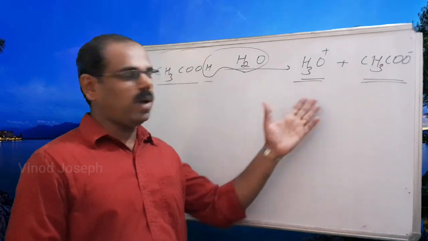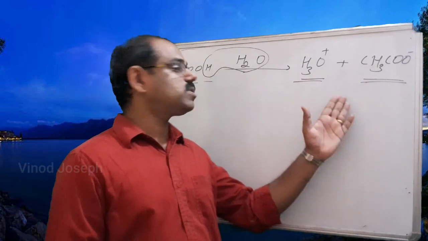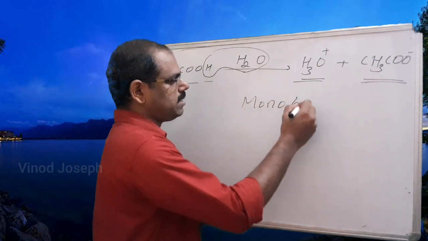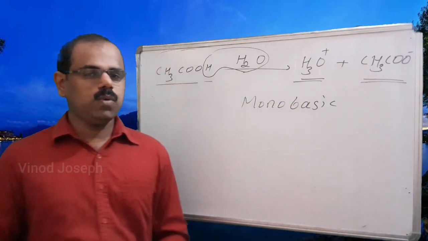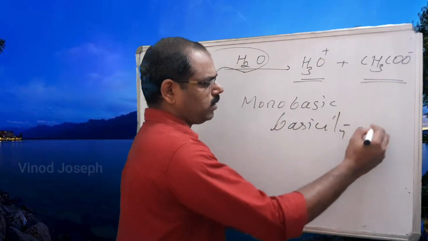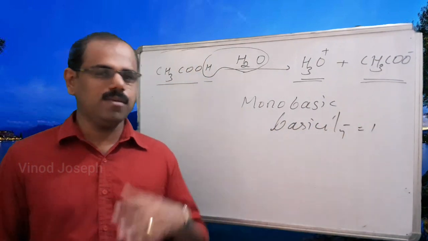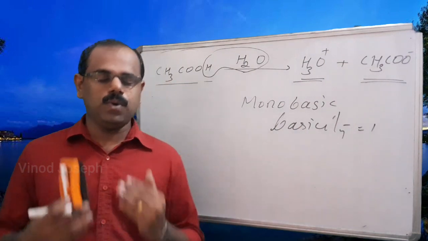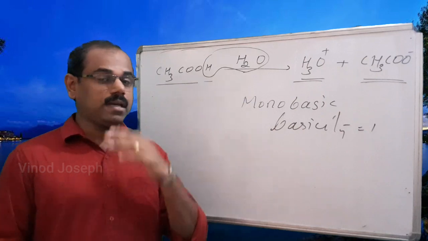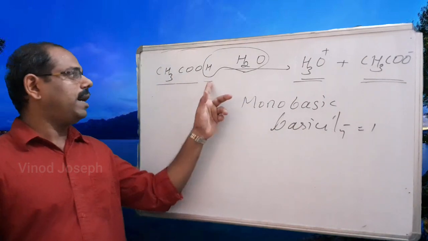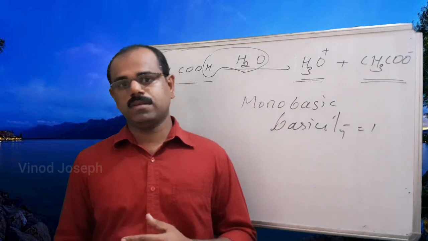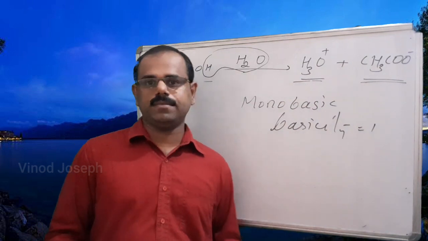So we have only one hydronium ion produced by acetic acid, so we say it is a monobasic acid. And what is the basicity? Basicity is equal to 1. So keep in mind, remember acetic acid is a monobasic acid as it produces one hydronium ion. Don't count the number of atoms. Always count the number of hydronium ions produced in the aqueous solution.